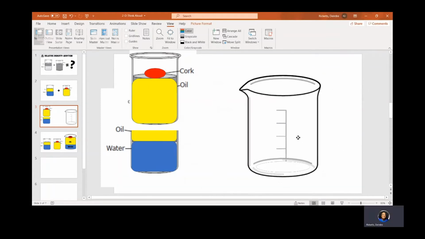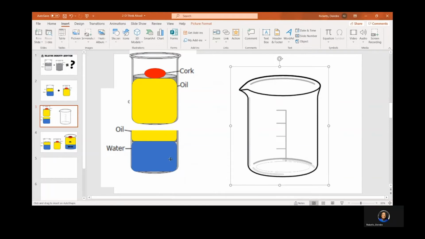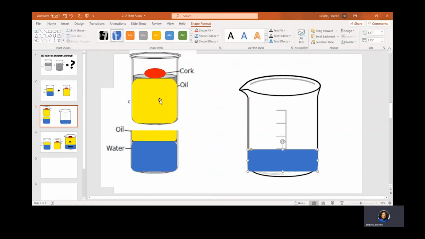So I know when I make this next third beaker, I'm going to start with water, then oil, then a what? A cork. So let's go ahead right now and insert some shapes. And I'm going to get this water, insert it, pretend it fits. And I'm going to get these two oils, the yellows, because that's next in my picture when I match the colors up, and insert it.